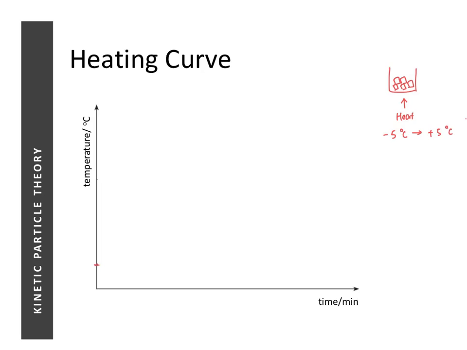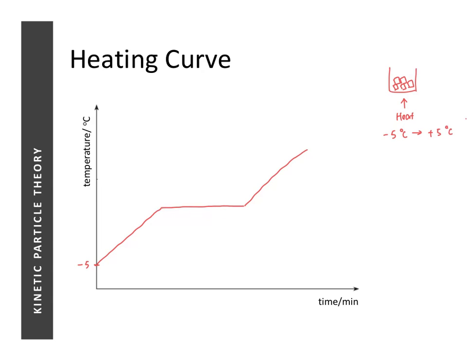So at the start, the temperature of the substance is -5 degrees Celsius. This is before we apply the heat. Now, once we start to apply the heat, the temperature of the substance will increase. And at a certain time, the temperature will start to remain constant, and then it will start to rise again.